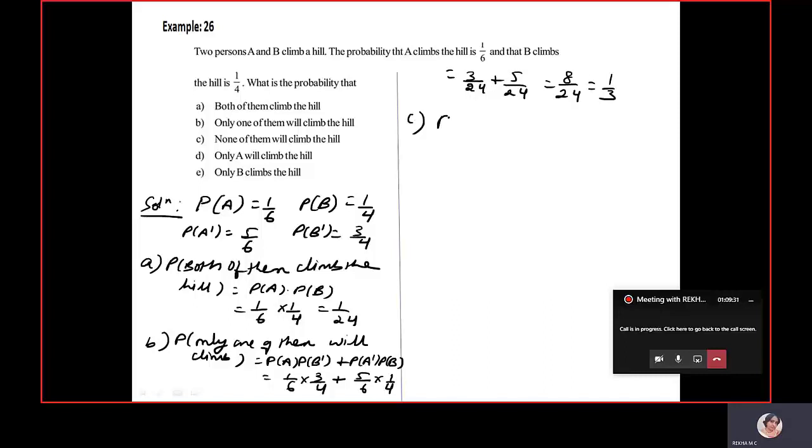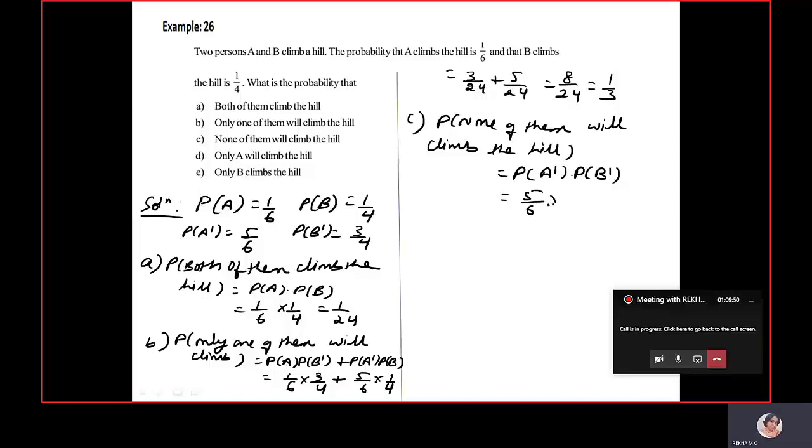Sub-question C, probability of none of them will climb the hill, that is P of A complement into P of B complement, that is equal to 5/6 into 3/4. So 3 into 1, 3 into 2, that is equal to 5/8.